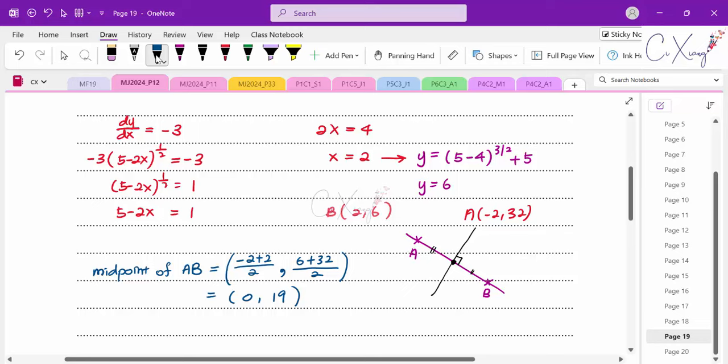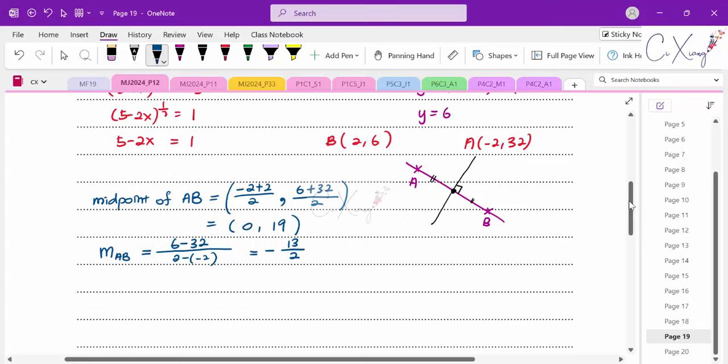Alright, then after that, I want to get the gradient of AB. So you take y1 minus y2 divided by x1 minus x2. So from here, you get negative 13 over 2 after you simplify.